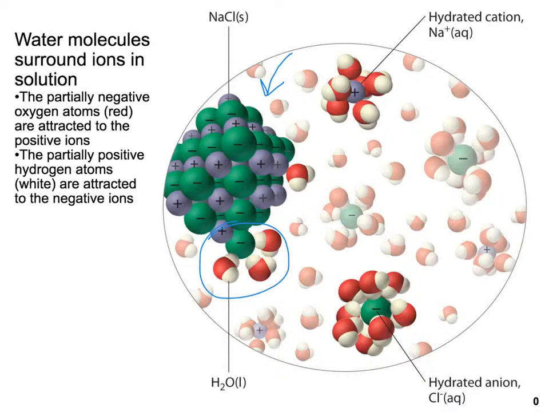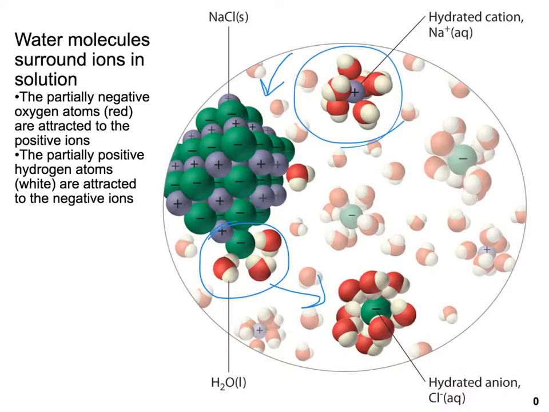And as those water molecules interact with that negative ion, they will pull it away from the crystal, and ultimately those water molecules will surround the negative ion with all the hydrogen ends of the molecules pointing in towards the negative charge. The same thing is happening with the positively charged ions.